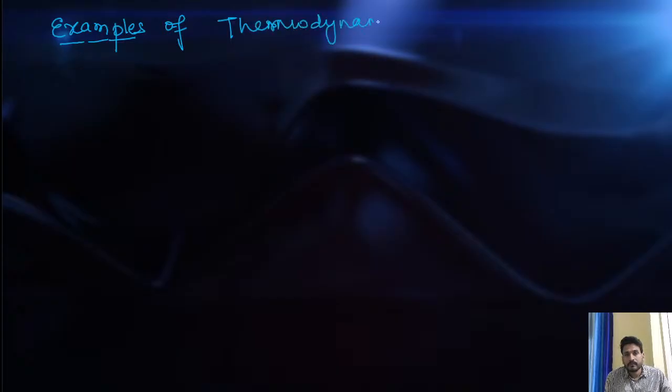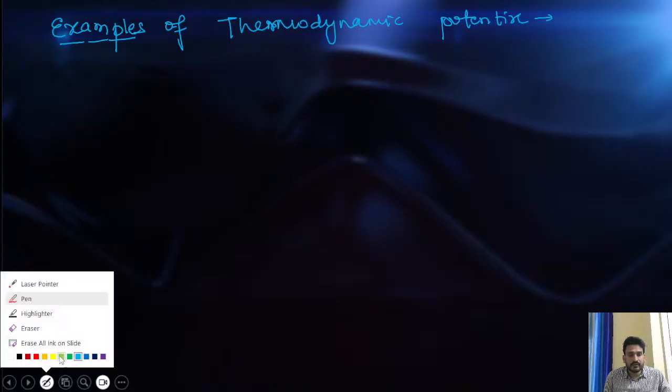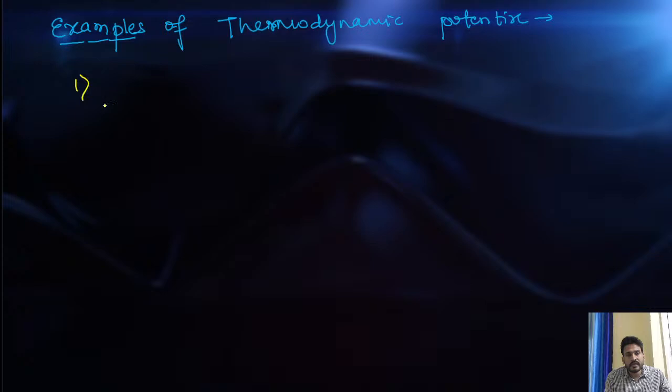So what are the examples of the thermodynamic potentials? Examples of the thermodynamic potential. And we have to discuss all those potentials, right? The first example, which we already discussed, is internal energy.